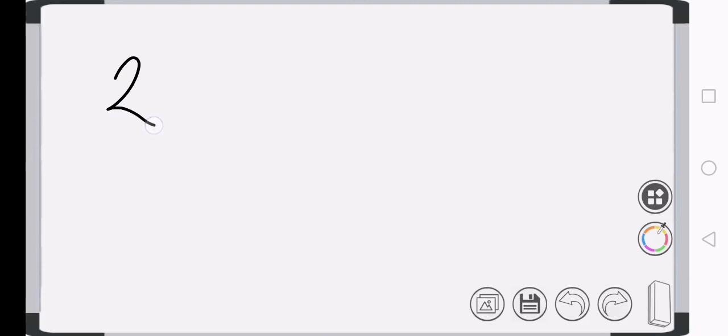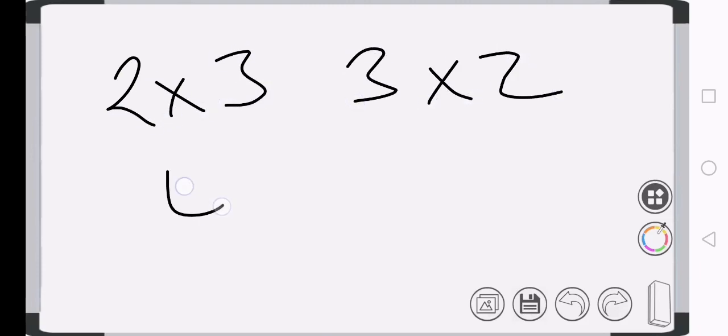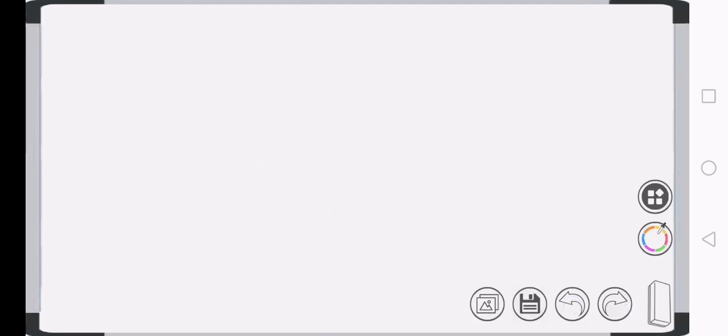We can have a 2 by 3 matrix, a 3 by 2 matrix, a 4 by 4 matrix, and so on. But in this case, you will learn how to add matrices and subtract them.